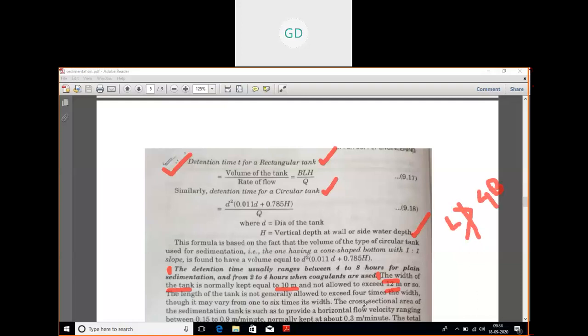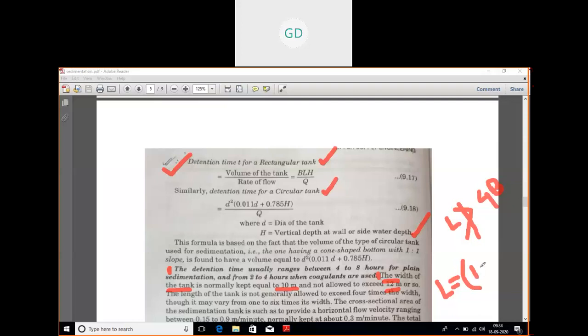The length of the tank is generally not allowed to exceed 4 times the width, though it may vary from 1 to 6 times its width.